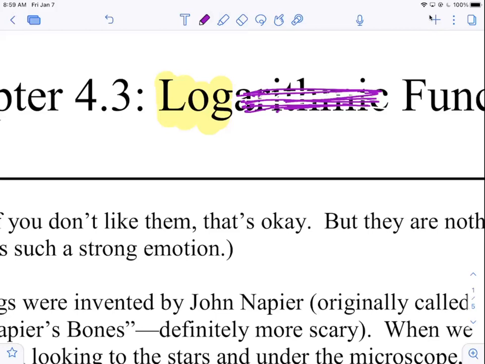Okay. Well, if it doesn't scare anybody in here, it's probably because you didn't really learn it well last year. Because if you had learned it well last year, it would probably scare you a little bit, or at least make you feel sick to your stomach, like, oh, logs. Usually when people hear log functions, they go, oh, gross, I hate logs. People love to hate logs.